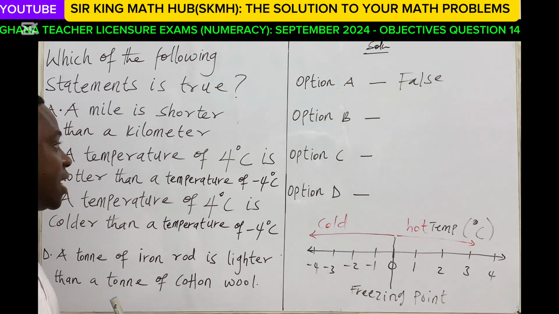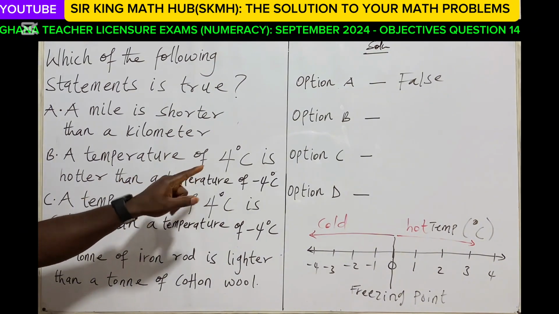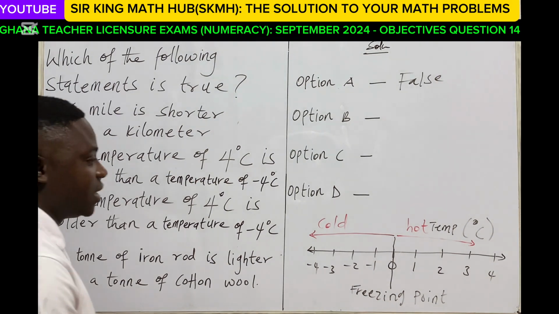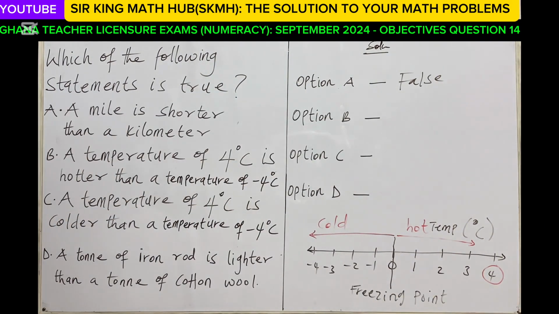So with this, we can determine whether statements B and C are true or false. Starting with B, a temperature of 4 degrees Celsius is hotter than a temperature of -4 degrees Celsius.